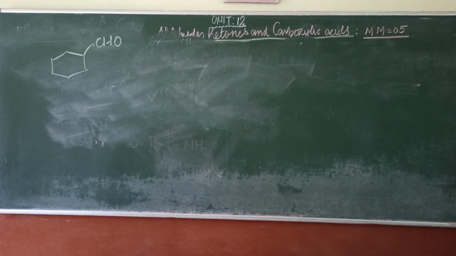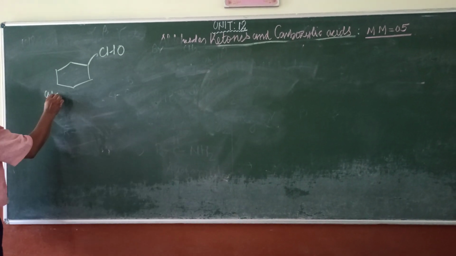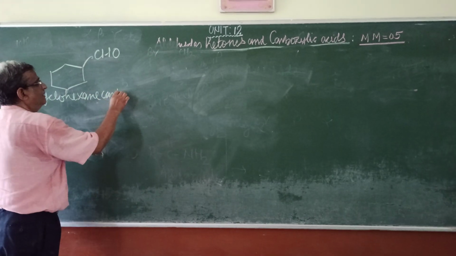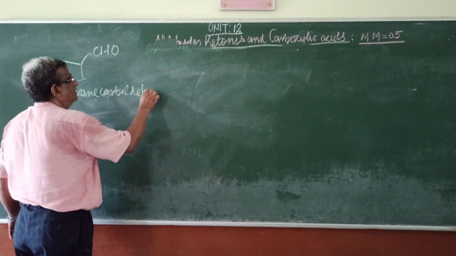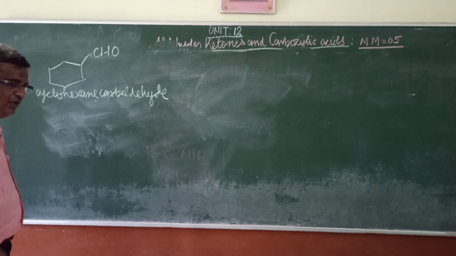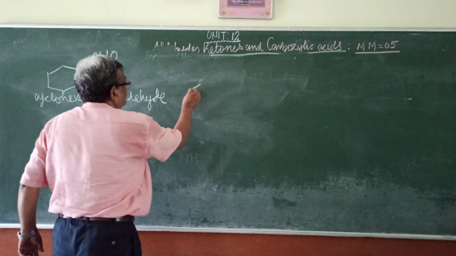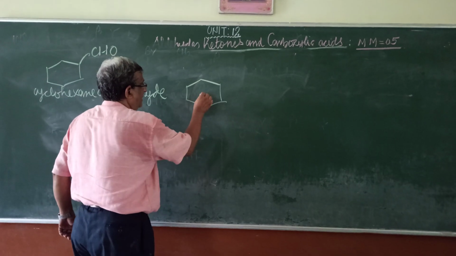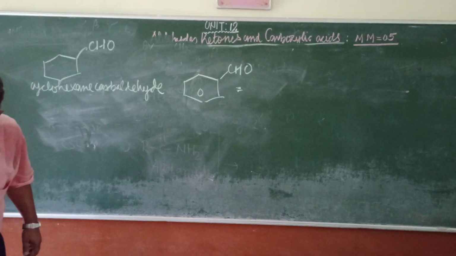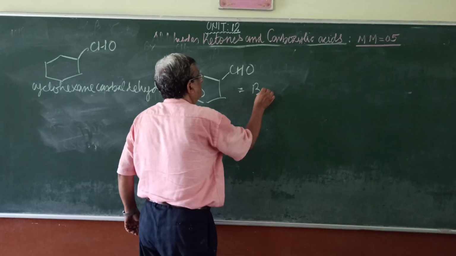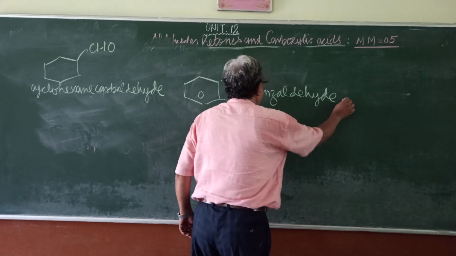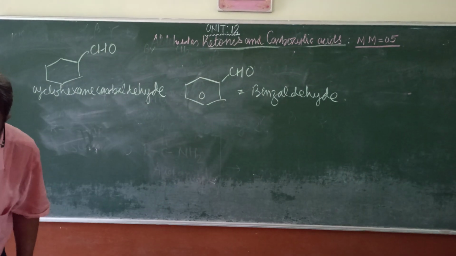It is called cyclohexane carbaldehyde. Now, if I write like this is the benzene ring, and I add here CHO, this is called benzaldehyde. This benzaldehyde is the simplest aromatic aldehyde.